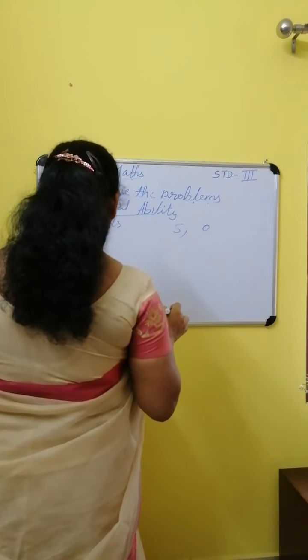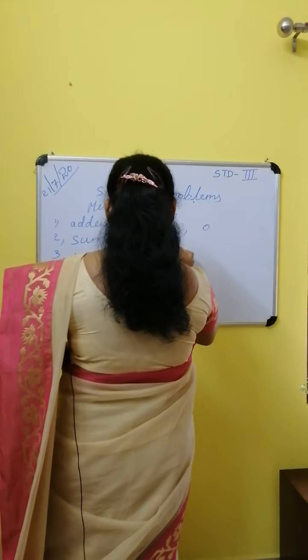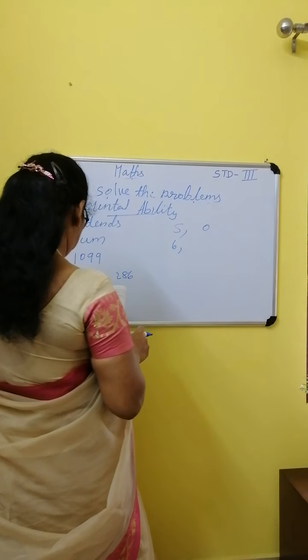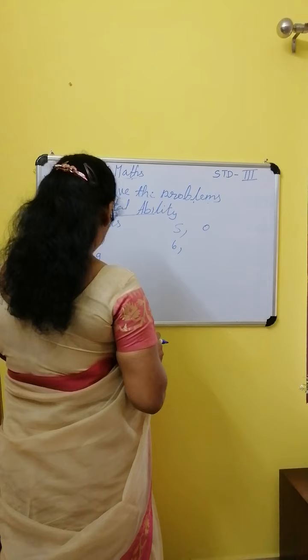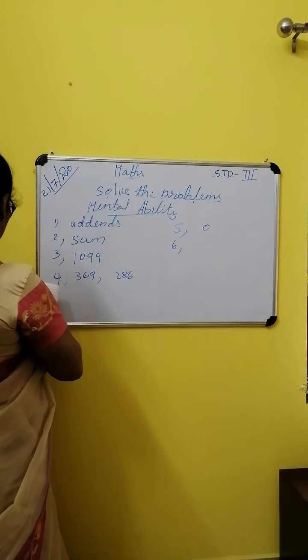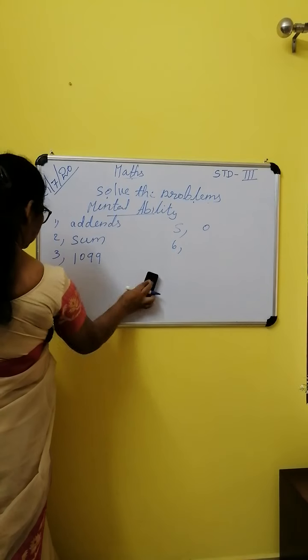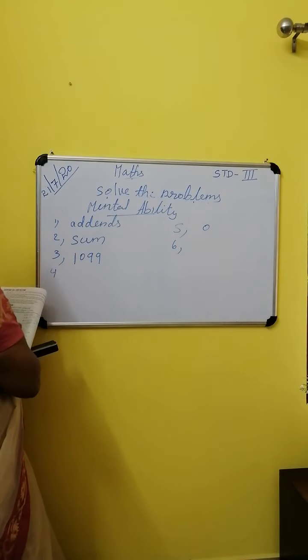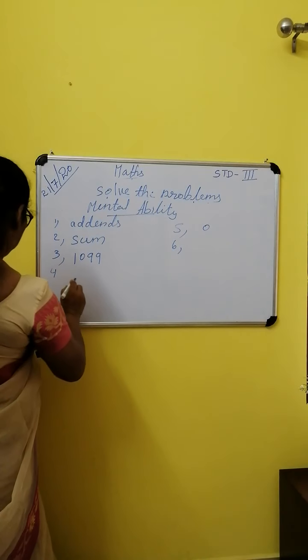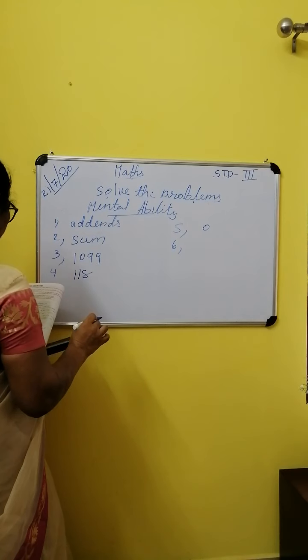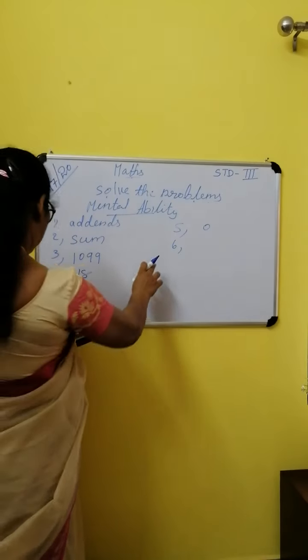Then sixth one, fourth one, here it is. Mistake. Fourth one is 118. Fifth one 0.